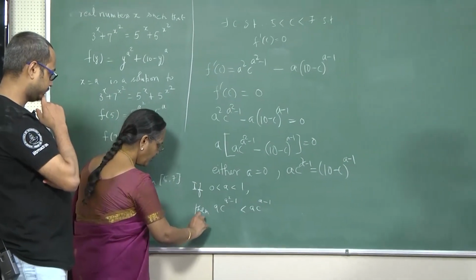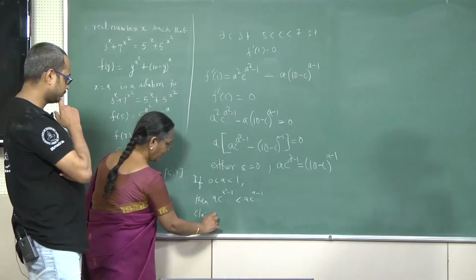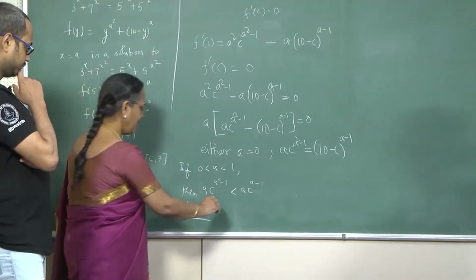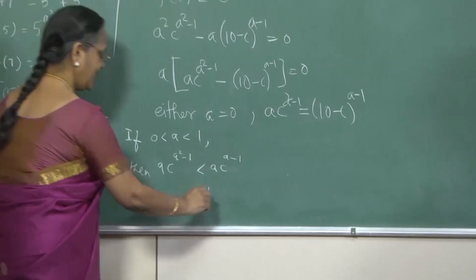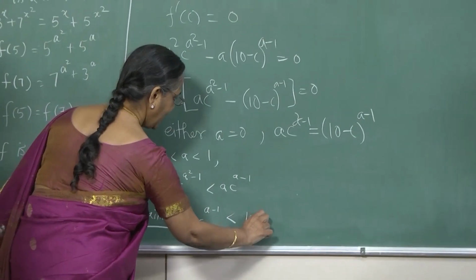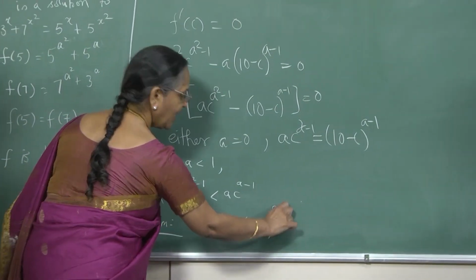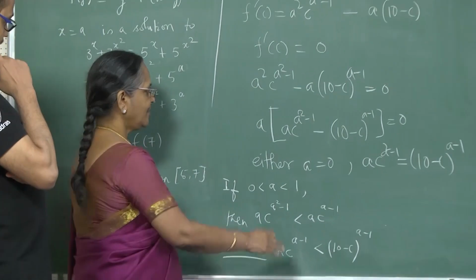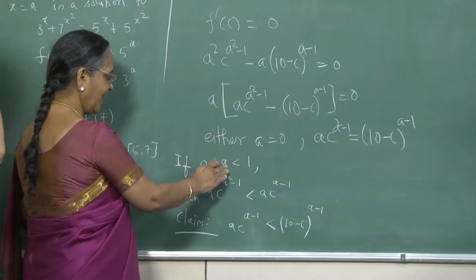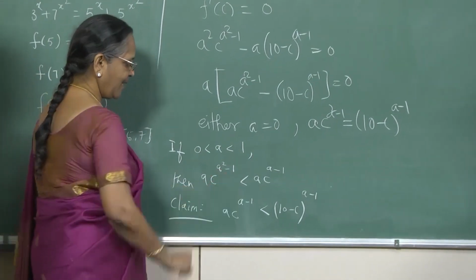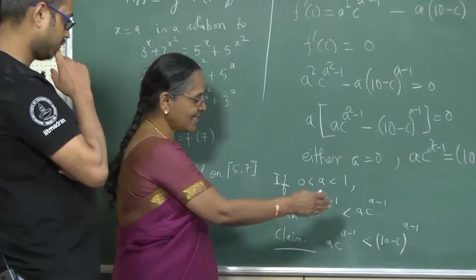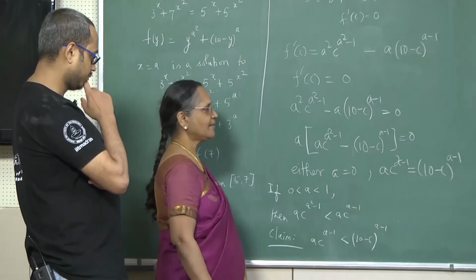Now I would like to make the following claim, namely, a c to the power of a minus 1 is less than 10 minus c to the power of a minus 1. So I want to claim that if a lies between 0 and 1, then a c power a minus 1 is less than 10 minus c to the power of a minus 1.